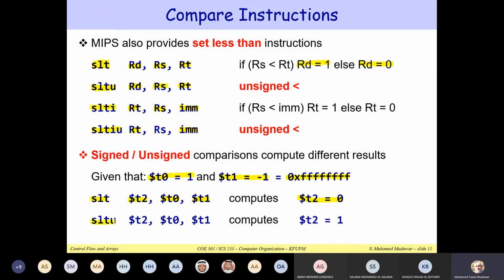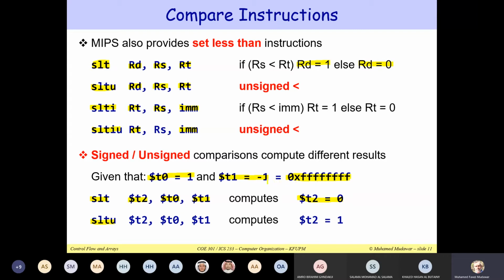Now, in the case of set less than unsigned, it is going to treat T0 and T1 to be both unsigned. Now, T0 is equal to 1, but T1 is equal to this number here in hexadecimal. Now, this number is a huge number. It's more than 4 billion something. So when you look at it in decimal, this number will be more than 4 billion.